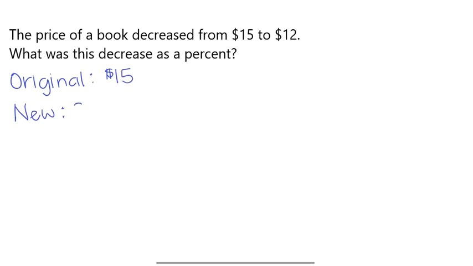The new price is $12. And so then the first thing we want to do is, what was the change? And the change in price, if it went from 15 to 12, the change was $3.